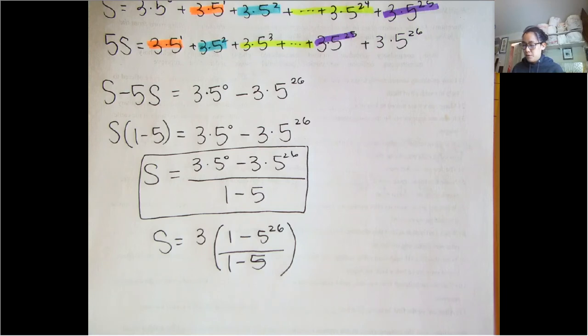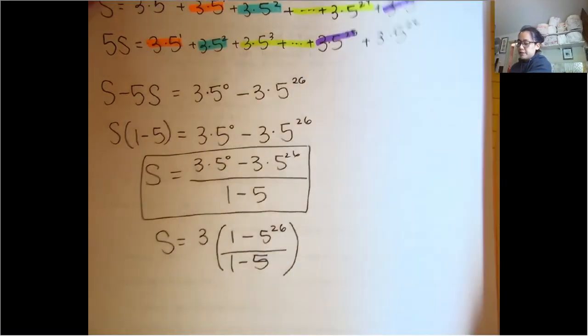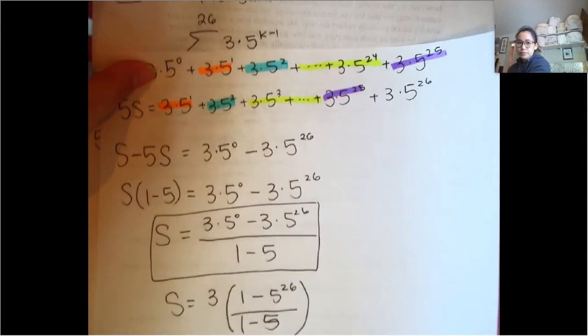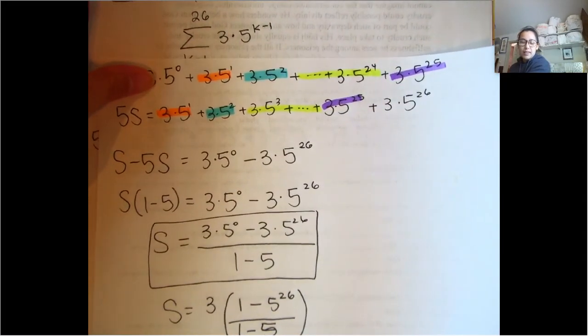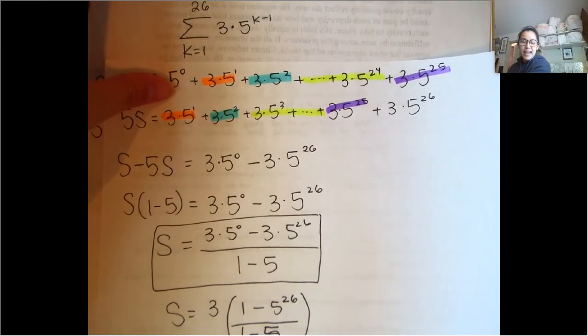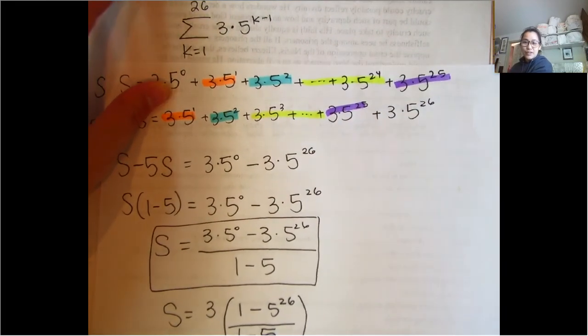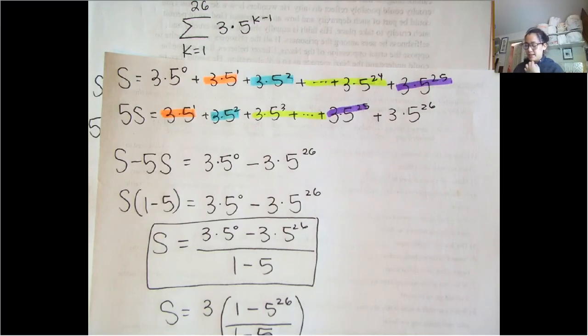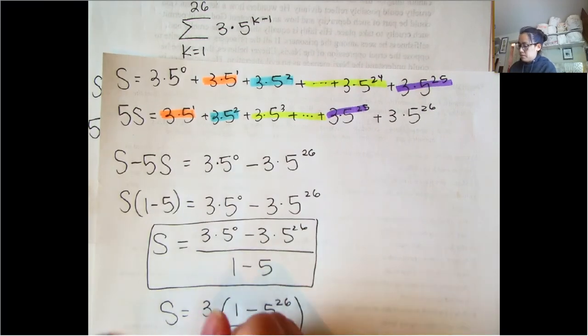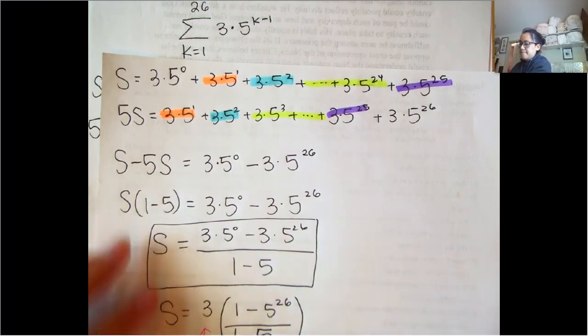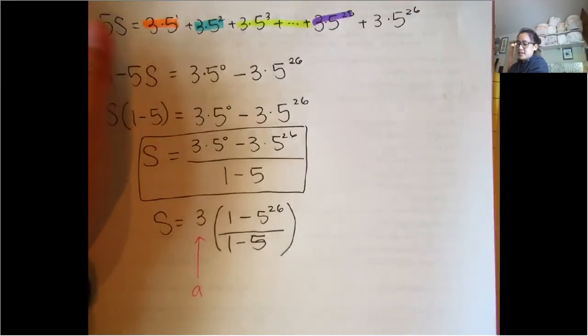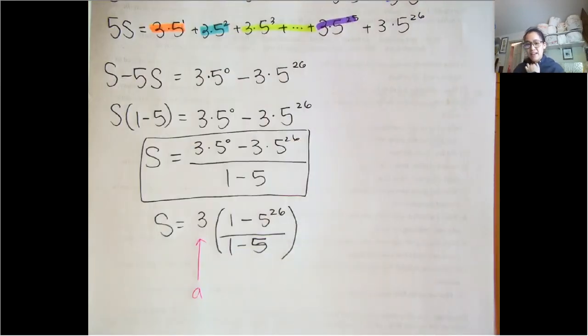Okay, so I have now generalized this, and what I want you to notice from the original problem is that the 3 is basically the A, or the first term. So this is A. The 5, of course, is the base or the common ratio.